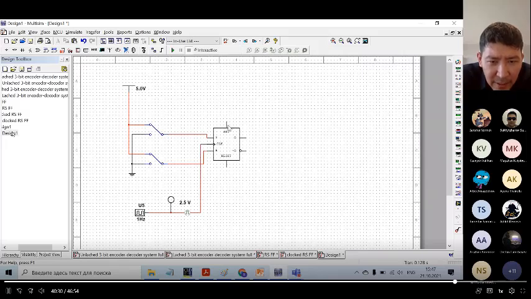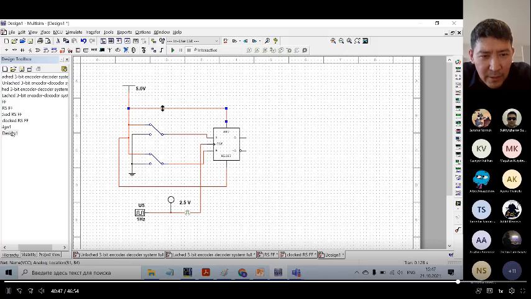And you can see that they don't have any bubble. It means that we should connect it to the VCC. It also should be connected to the VCC.